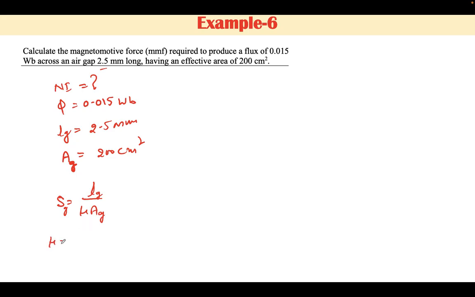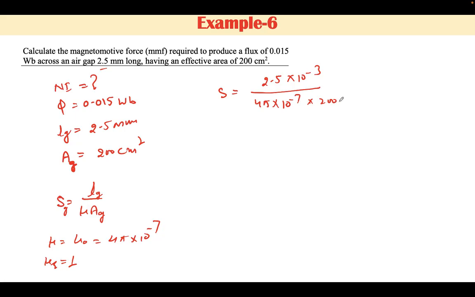In case of air gap, mu is equal to mu naught only, because mu r is equal to 1. Mu naught is 4 pi into 10 to power minus 7. Putting the values, we can find S is equal to length of air gap 2.5 into 10 to power minus 3, divided by 4 pi into 10 to power minus 7 into area 200 into 10 to power minus 4, converting it into meters. Then the resultant value of S will be 99471.84 ampere turns per Weber.